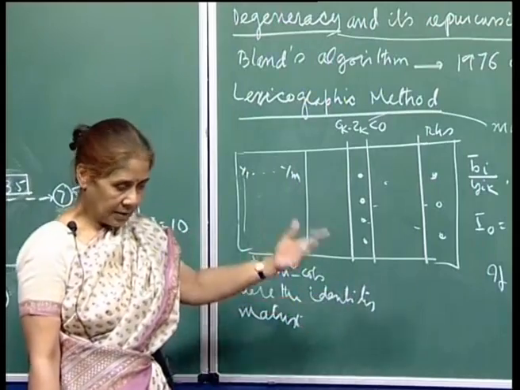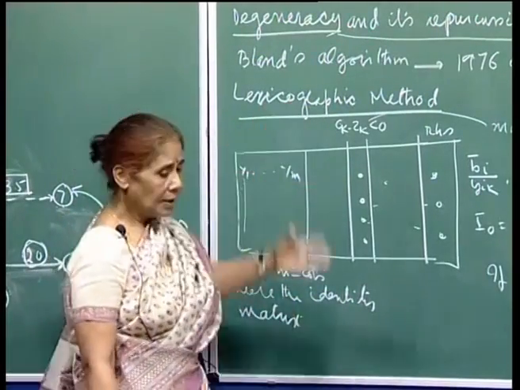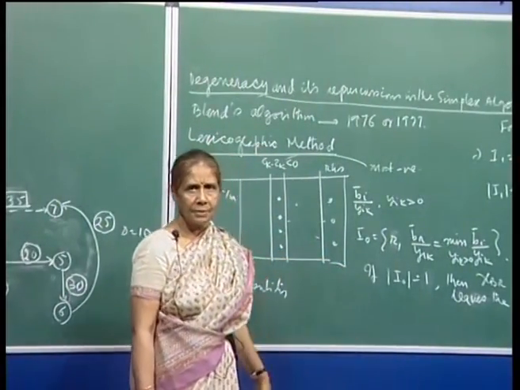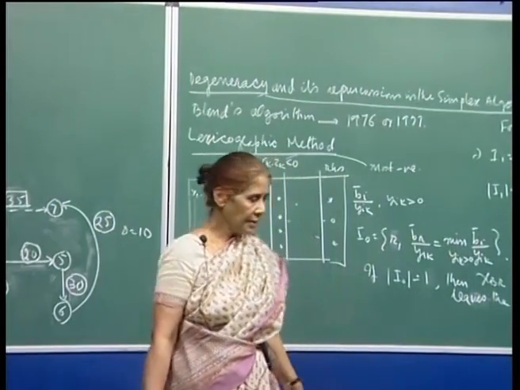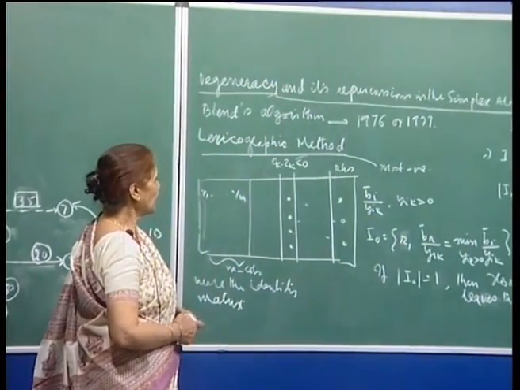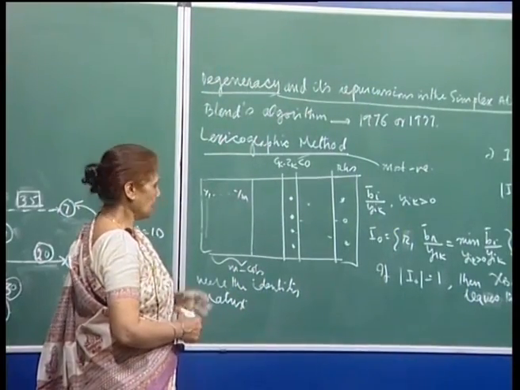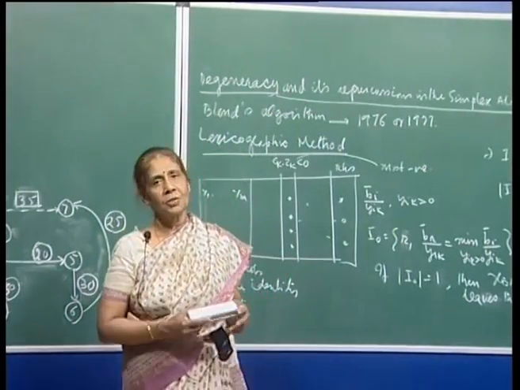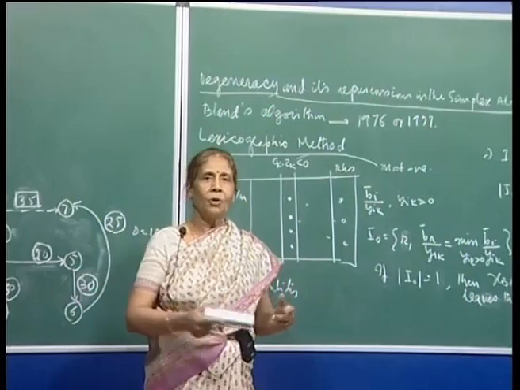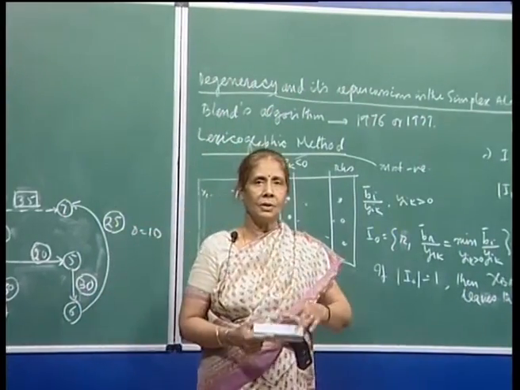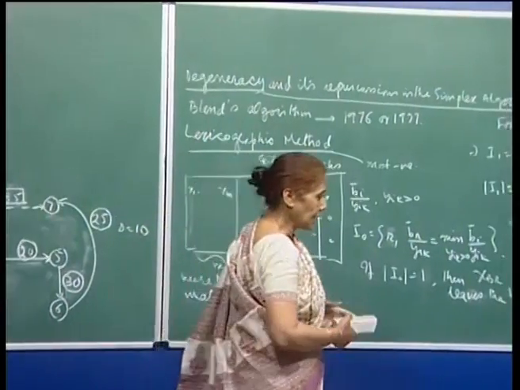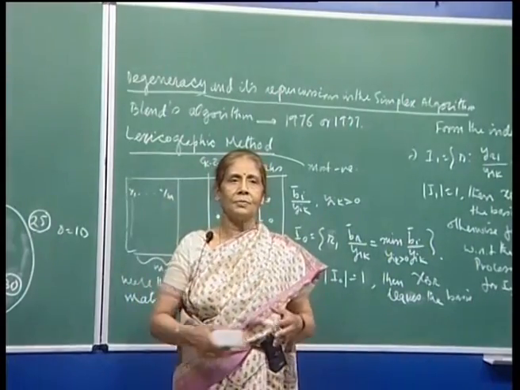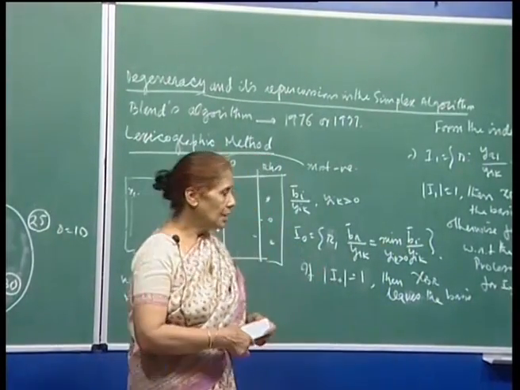Okay. So that is why Bland came up with his idea, which was very easy to implement. Bland's idea did not require any such calculations. You could very simply implement it. It could be programmed in any software for the simplex algorithm. But then what turned out, when Bland's algorithm got used, was that the number of iterations became very large, because you could continue to have long paths of degenerate pivots, though of course you prevented cycling, which is better than having a long path of these degenerate pivots.